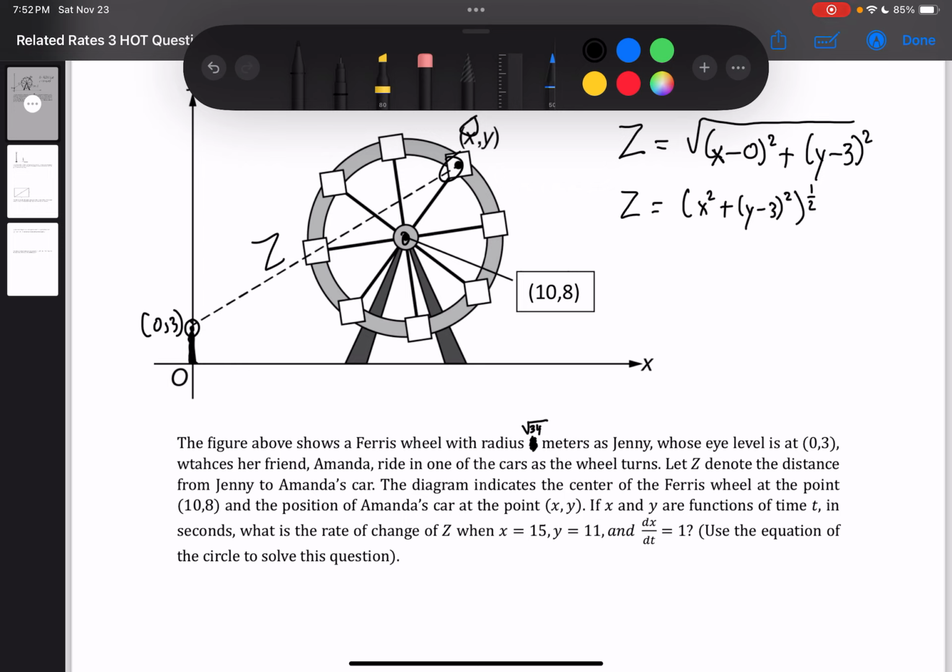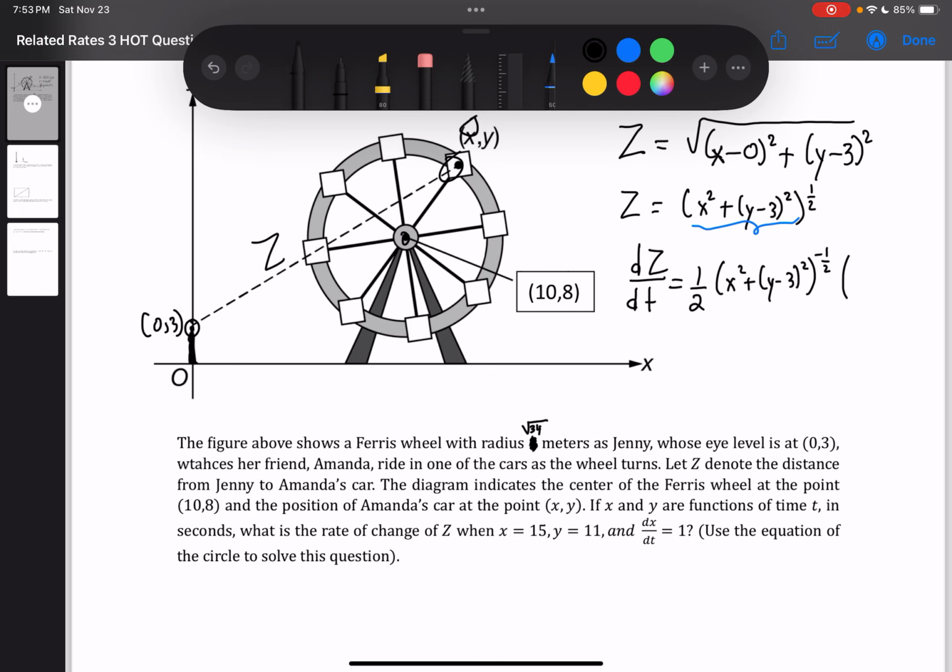Now, if you differentiate z with respect to time, using chain rule, and it's just one humongous chain rule over here, the half is going to go down, and then whatever is inside is going to be the same, but it's going to be to the power of minus half, because you deducted the old power by 1. And then according to chain rule, you have to multiply by whatever is the derivative inside.